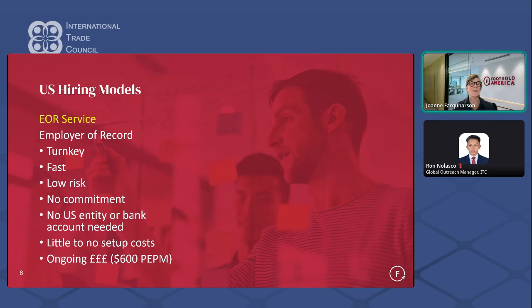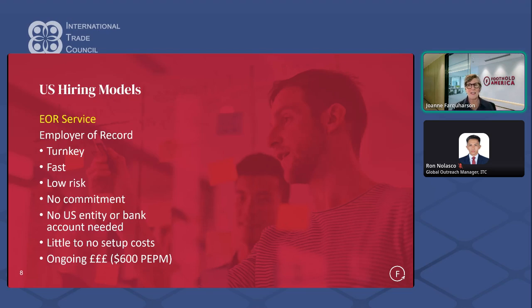They work for you, and they see Foothold America or the employer of record as the background company. These are the people who are making sure I get paid, making sure I get benefits. They track our leave, all of the comprehensive HR services that could be confusing to a company coming into the US. So it's taken care of by others.